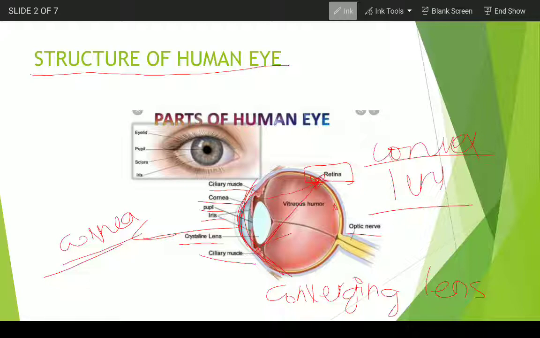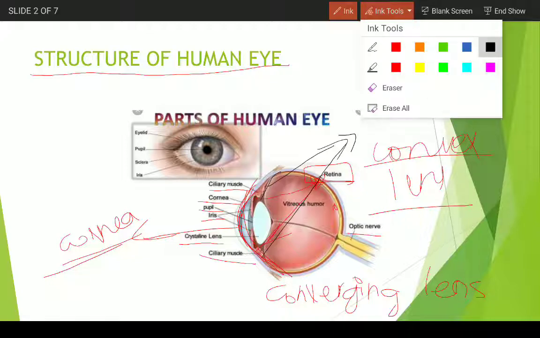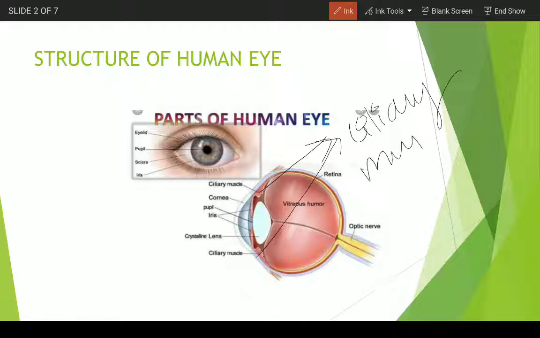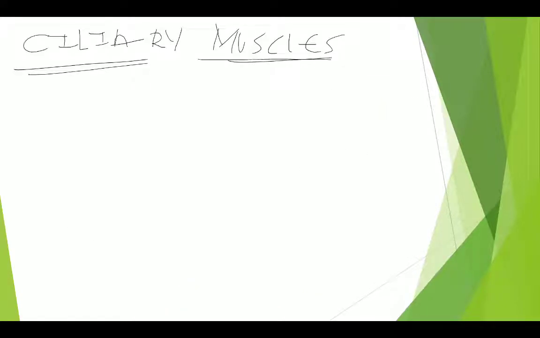So here, as you can see, these are the ciliary muscles. They are holding this lens in position, right? So yes.